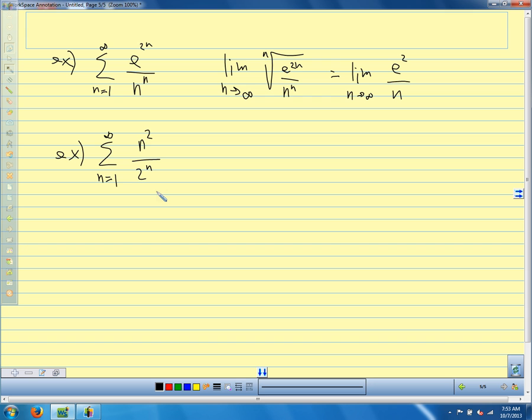But let's look at the root test. So we're going to look at the limit as n approaches infinity. I don't need to worry about an absolute value here. So we're looking at the nth root of n squared over 2 to the n.